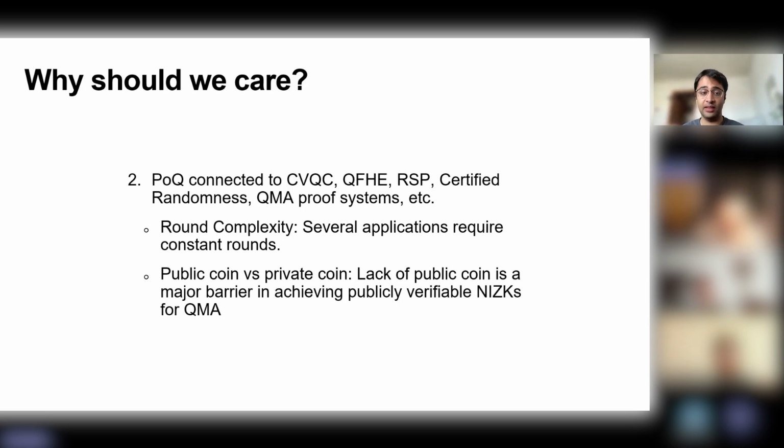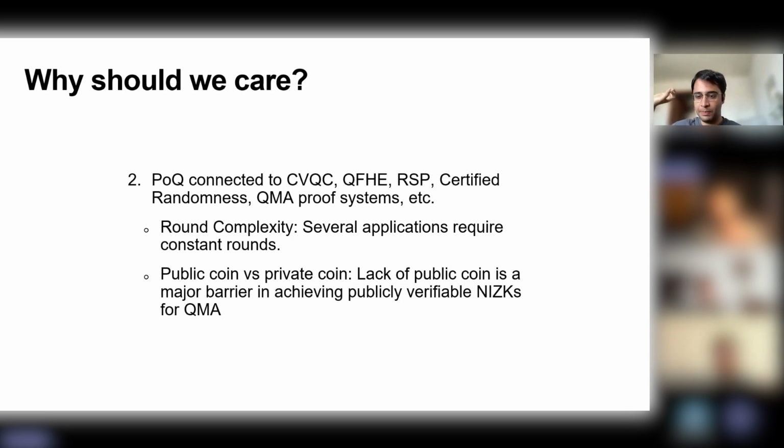And in that setting, there is a second problem from proofs of quantumness which carries over, which is that the existing proofs of quantumness, or the techniques we have, tend to be private coin. So the verifier's messages need to have some structure. And this lack of a public coin way of doing proofs of quantumness is a major barrier in achieving publicly verifiable NIZKs for QMA, so non-interactive zero knowledge proofs for QMA, which is a pretty major open problem.